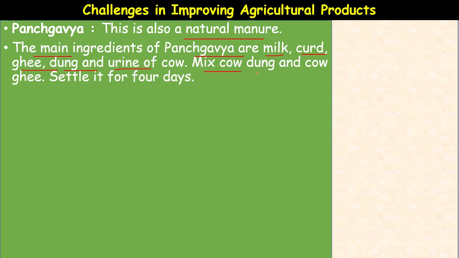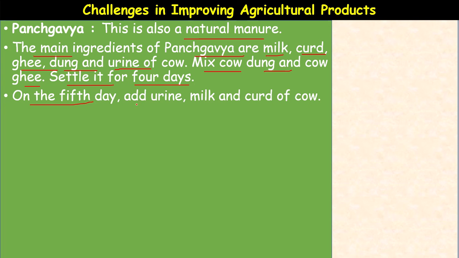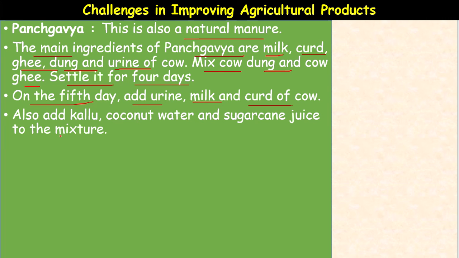Mix the cow dung and cow ghee, and settle it for 4 days. On the 5th day, we have to add the cow urine, cow milk and cow curd, and also add the white water of the kallu, coconut water and sugarcane juice. If sugarcane juice is not available, some jaggery can be added to the mixture.